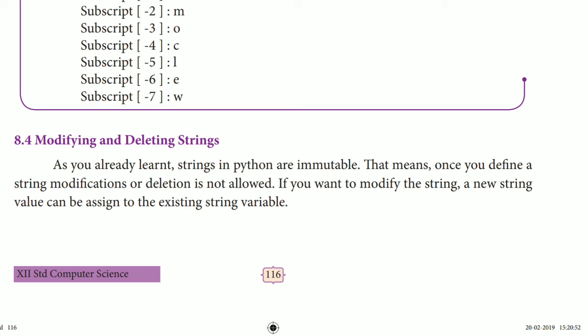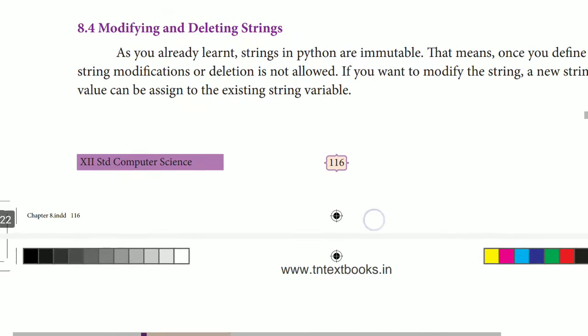This means once you have defined a string, modification or deleting is not allowed. If you want to modify the string, a new string value can be assigned to the existing string variable.